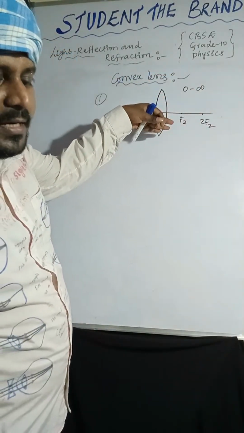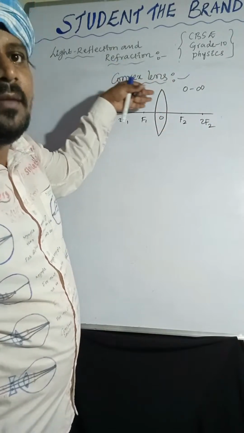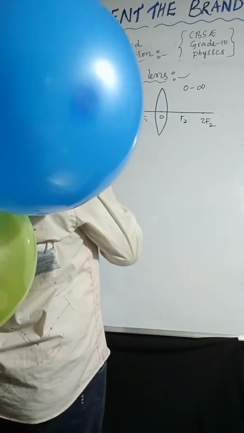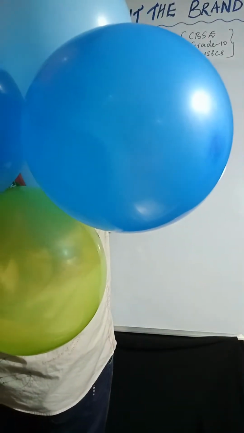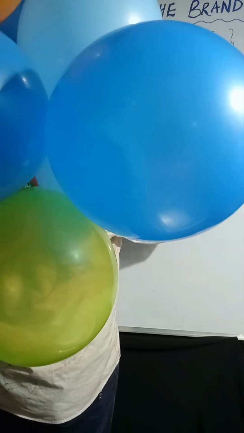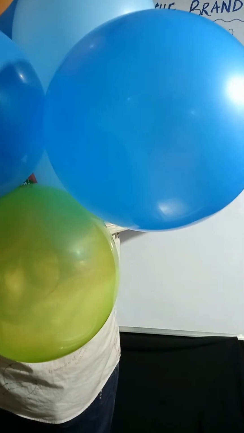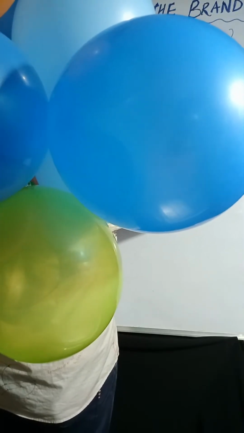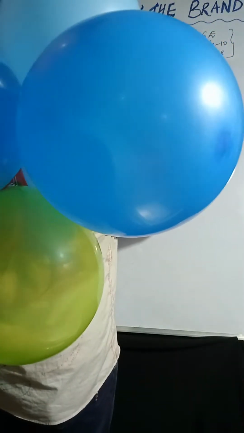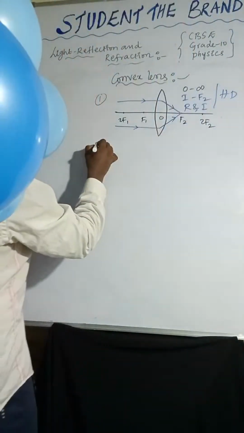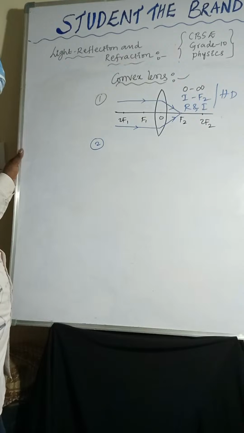Image will form at F2. Nature of the image is real and inverted. Size of the image is highly diminished. Coming to the next one.